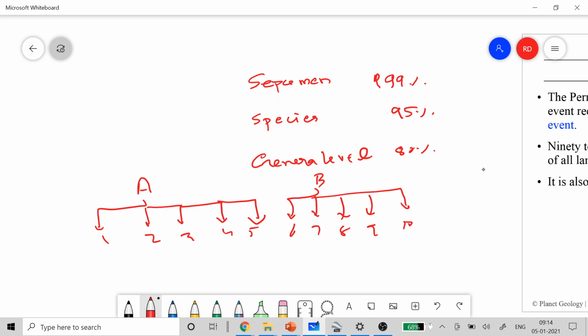So there are over 10 species. Let's say just one survived, this 10th one, and all of the others went extinct, 9 of these. So on species level, the extinction rate is 90%. What about genus level? What is the extinction rate on genus level?